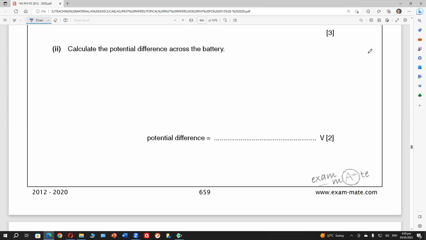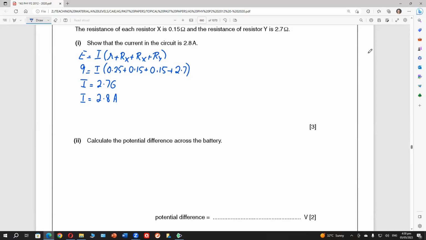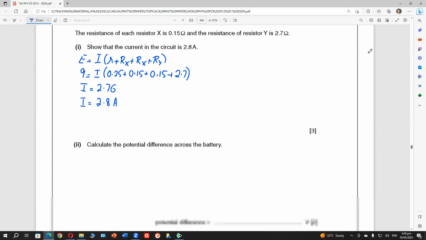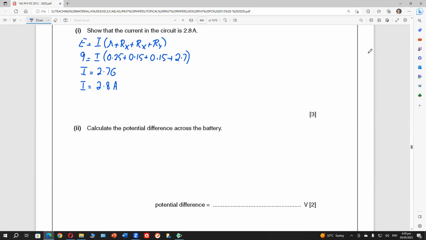Calculate the potential difference across the battery. Now, he's talking about the external PD, or terminal PD. So for terminal PD, we have to consider the external resistors only. So will it be V is equal to I times small r plus capital R?